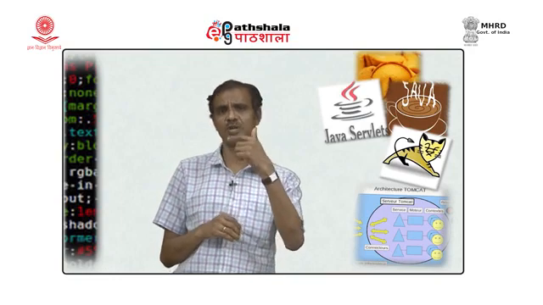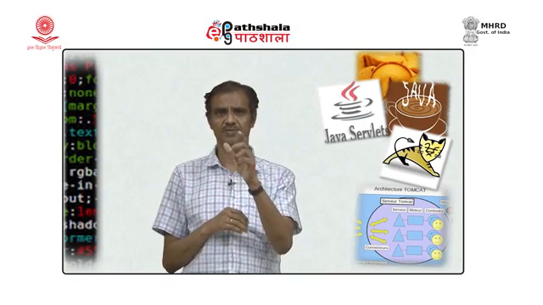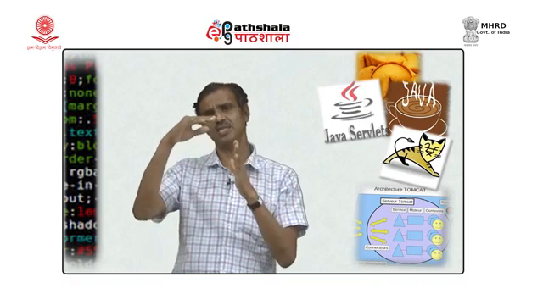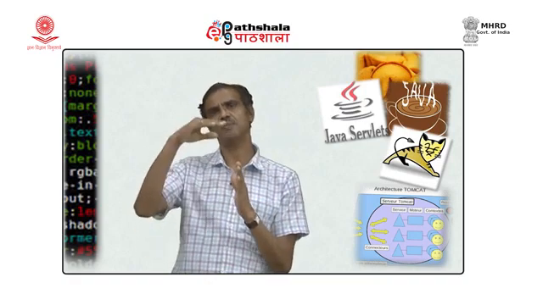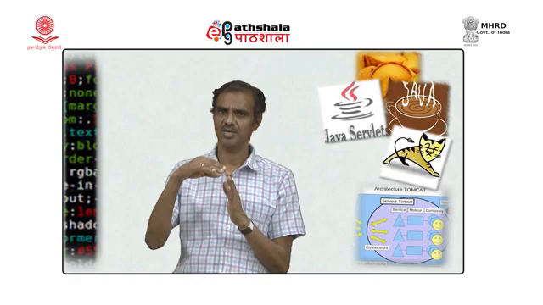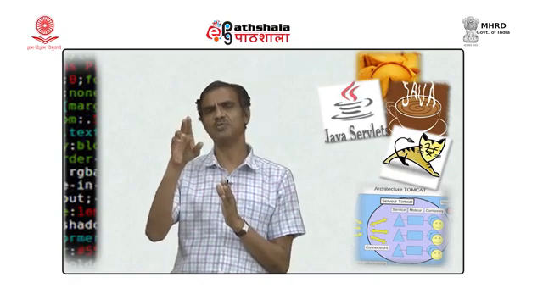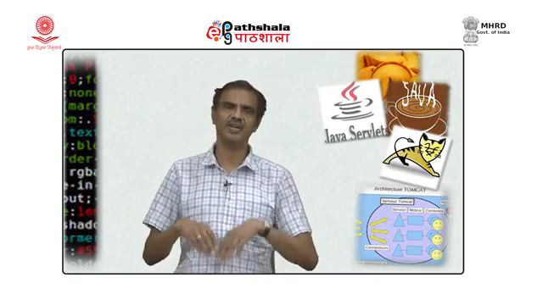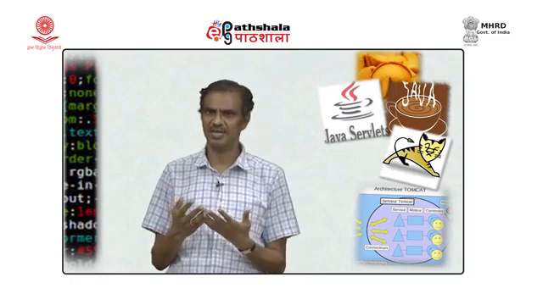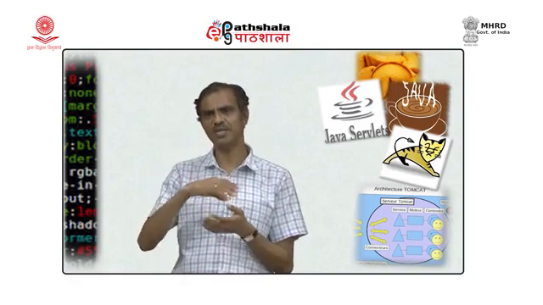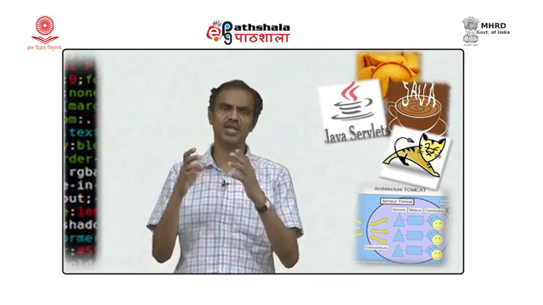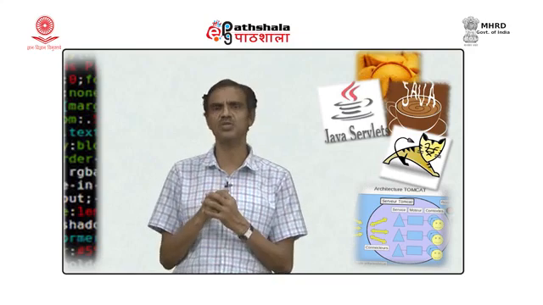If it happens to be true, it will evaluate the body of the if. If the test happens to be false, it will not evaluate, and it will not output the body. Whatever is the body that should go for output would not go for output if it evaluates to false.